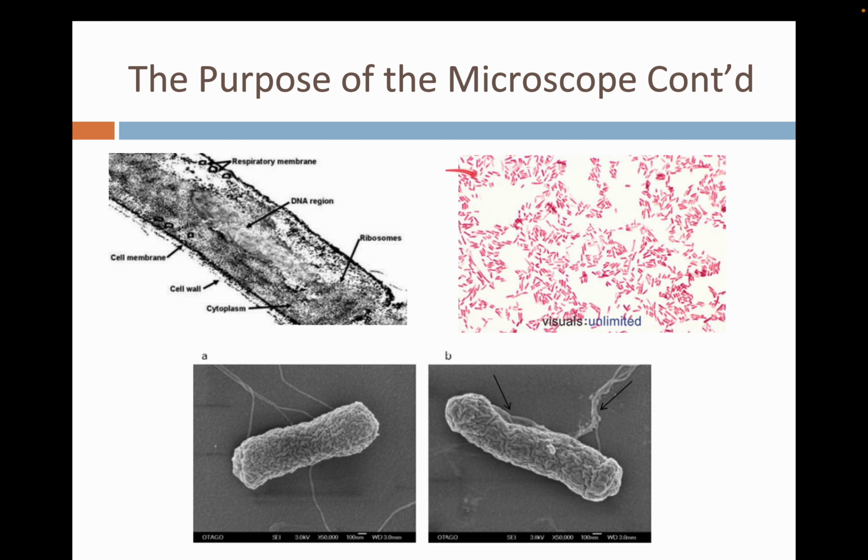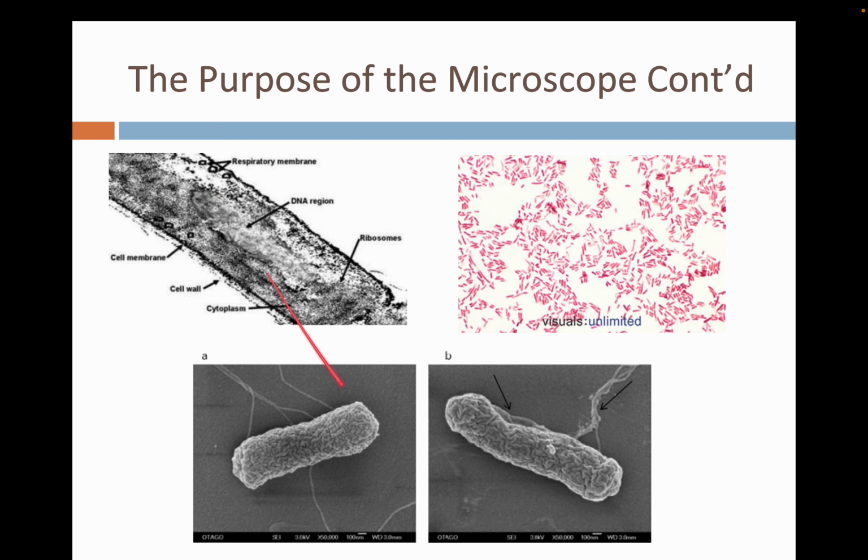Compared to a bright field microscope, this is hundreds of thousands in terms of the magnification. And then you can see specific subcellular structures that are so small, like the ribosomes, the cell membrane, the nucleoid region of the bacterial cell, the DNA region.